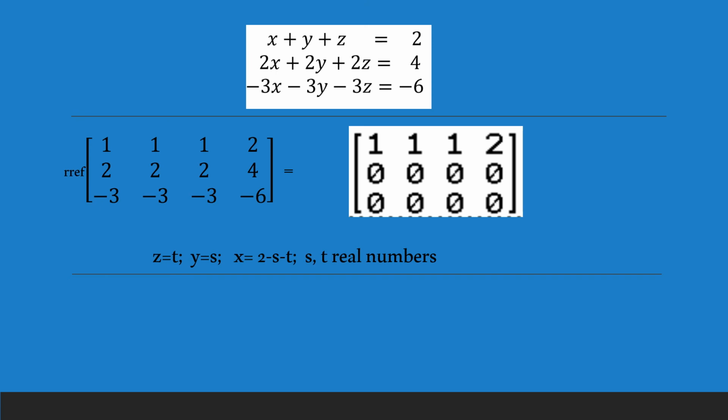That's why we say that this system has infinite solutions. Moreover, when we graphed it, we know that they all represent the same plane. It lies one above the other. Even with the graphing calculator, we can easily check that it has infinite solutions.